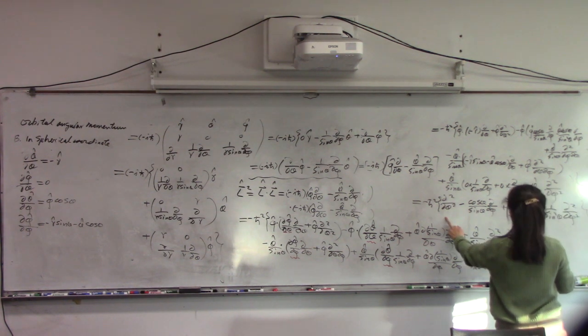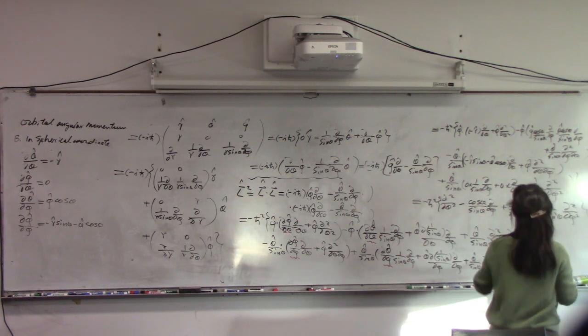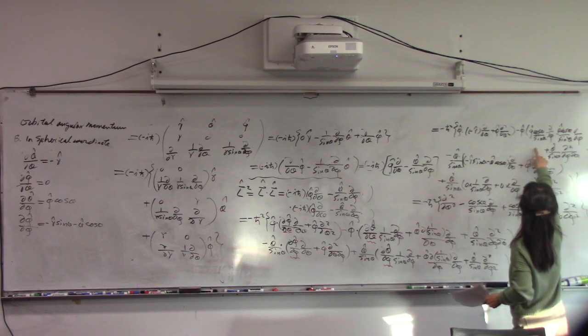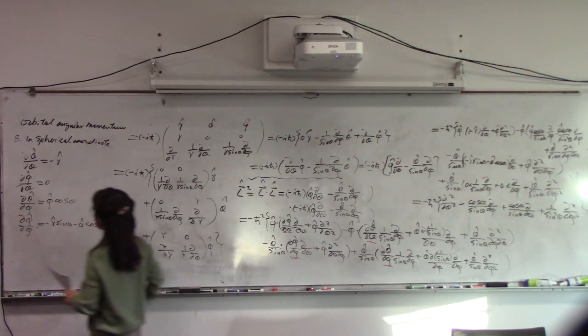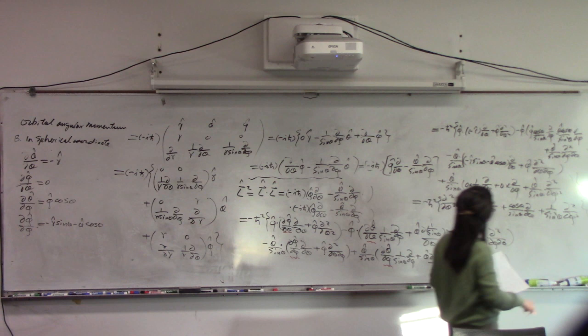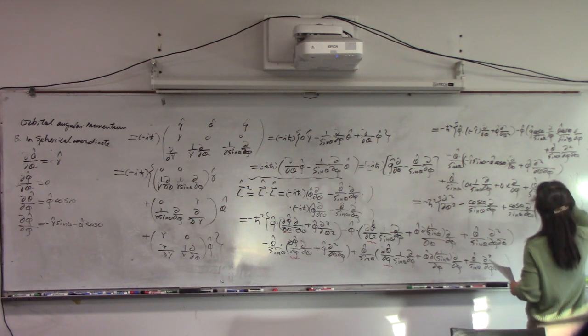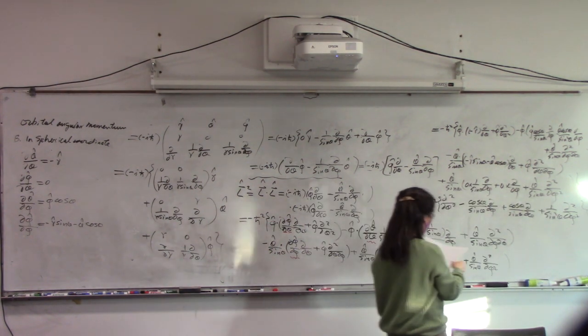Terms, right? I have this term and this term. So something on this one is coming from here, right? The second one, partial theta partial this one. Right here I have the cosine. That's cosine.